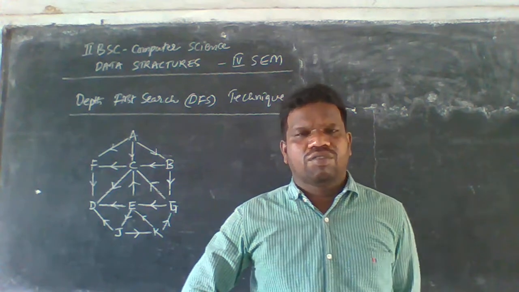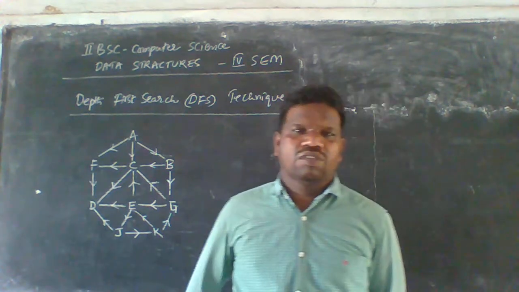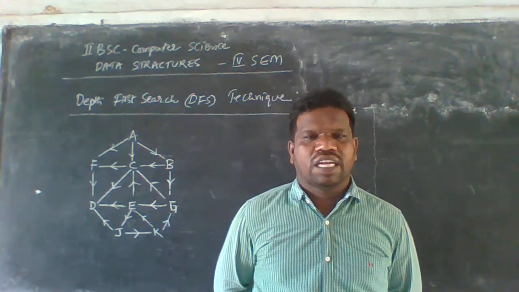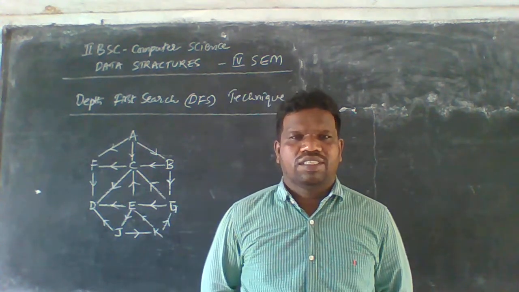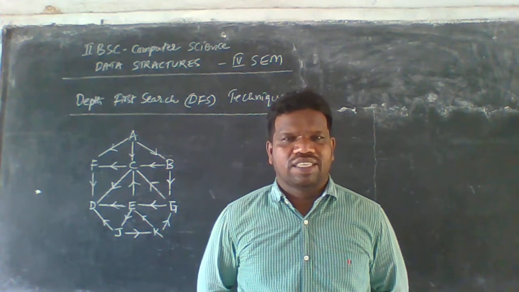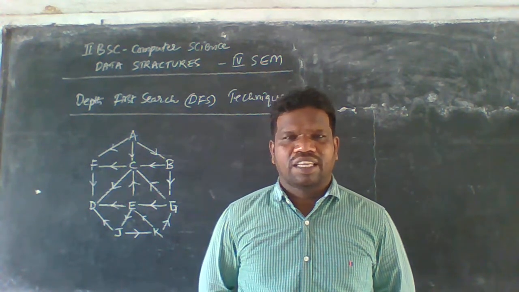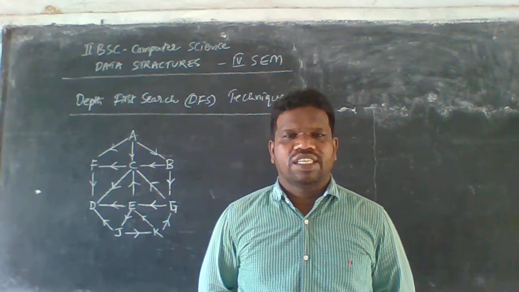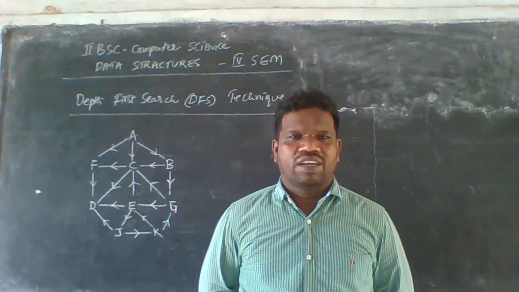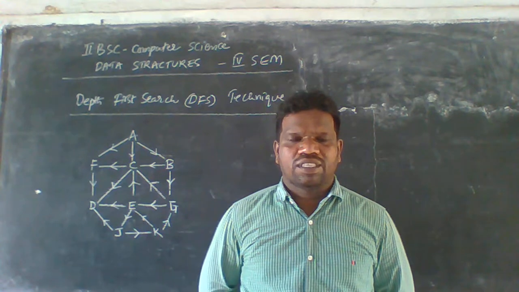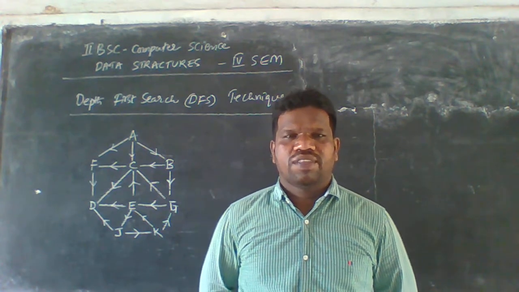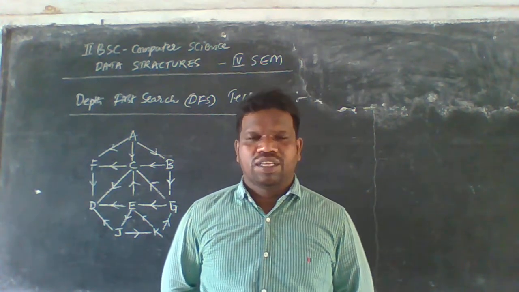Okay, so there are two traversal techniques available with respect to graphs here, and what is traversing here? Traversing is nothing but visiting each and every node in a particular graph. We can visit a node only once, but not twice.